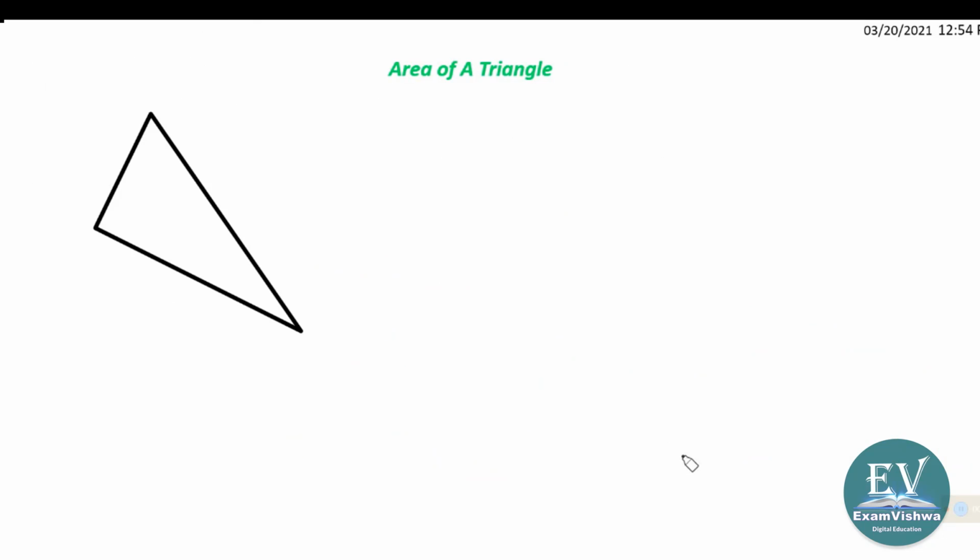And further you have to study about the area of a triangle. We already know how to find the area of a right angled triangle, and we also know the area of any triangle if you know half into base into height. This base into height will change into the product of sides in the case of a right angle.